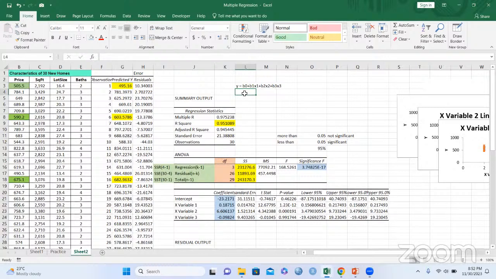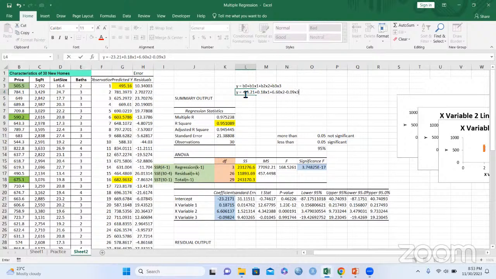The equation will become y is equal to minus 23.21, it is a constant, plus 0.18 into x1. x1 means number of square feet, plus 6.60 into x2, which is lot size, minus 0.09 into x3, which is baths.